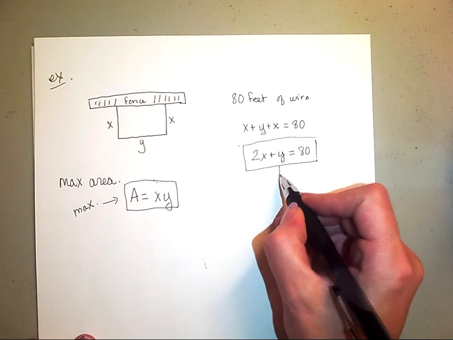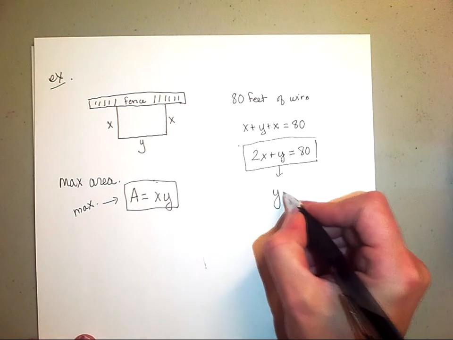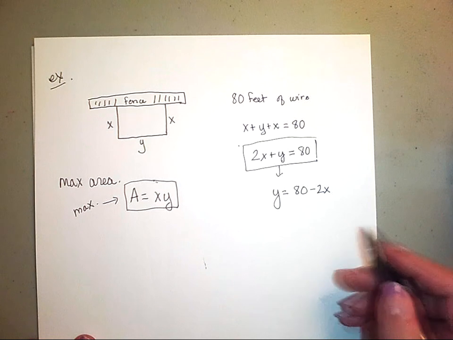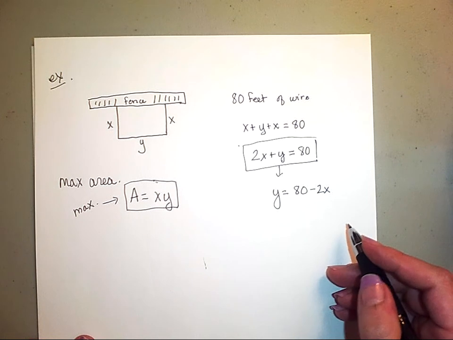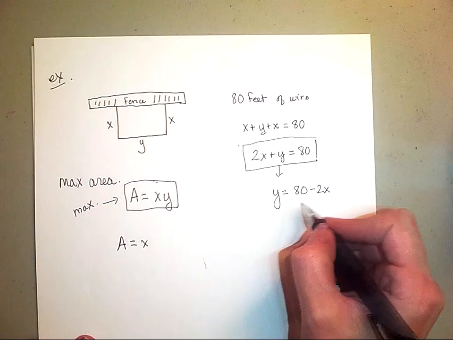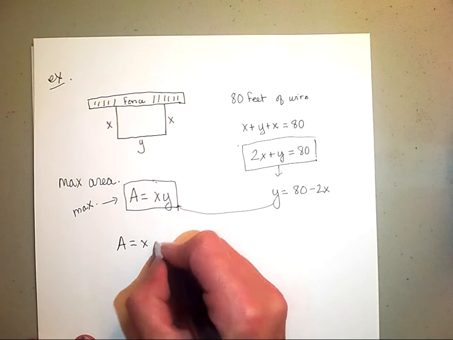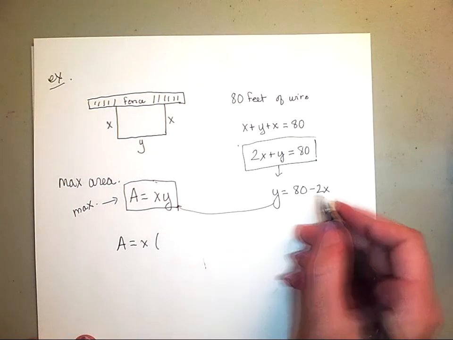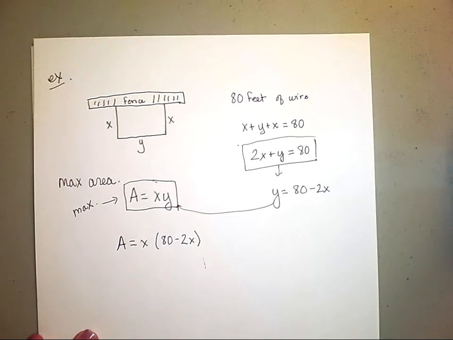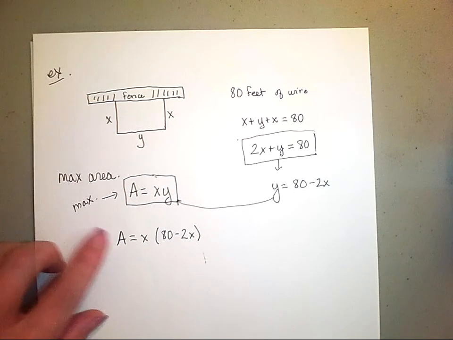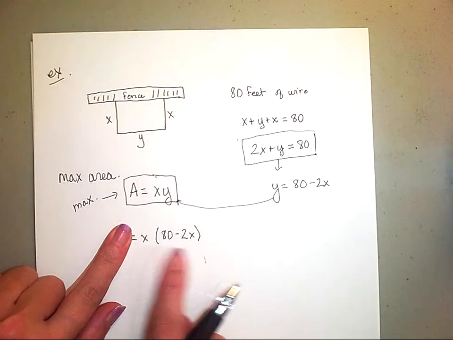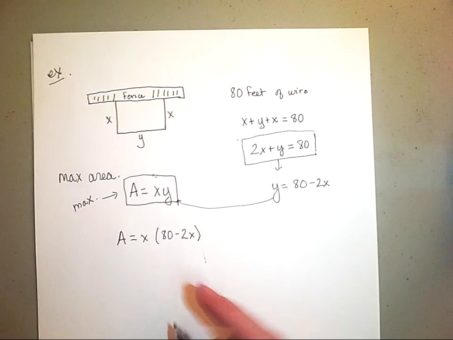But if I have 2 equations, I can do a method called substitution. Okay. So if this is true, then I know I could solve this for y, and that y is equal to 80 minus 2x. Now, I can put this in for y. Well, what is y? y is 80 minus 2x. So this is the area. By substitution, I have really just created an equation in one variable.